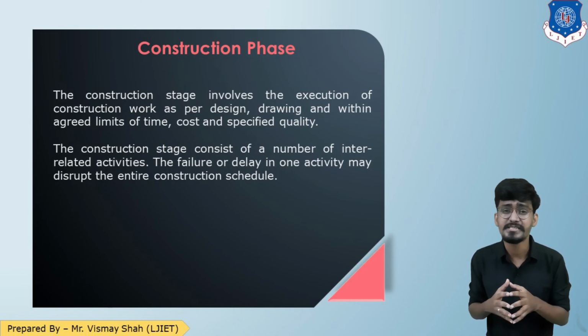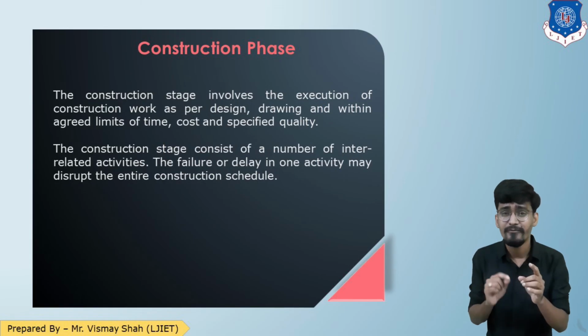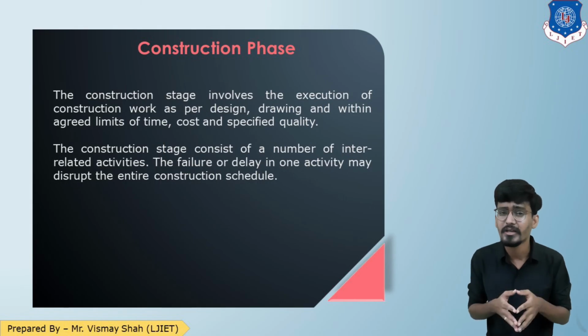Now in the construction stage, various activities are interrelated to each other. So delay in one activity, or in a number of activities, will lead to the failure of the entire project, and you cannot complete the work within the time and cost.